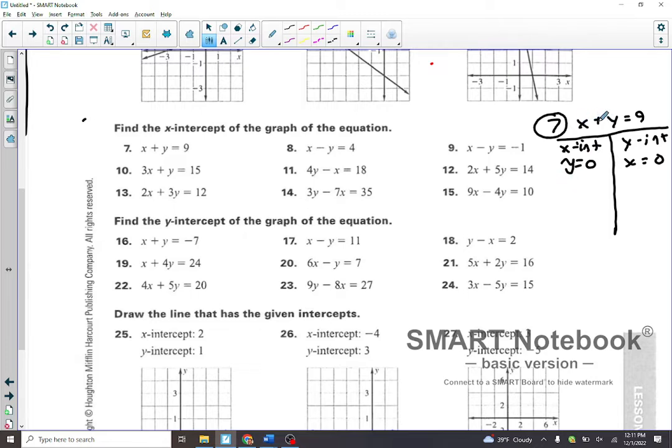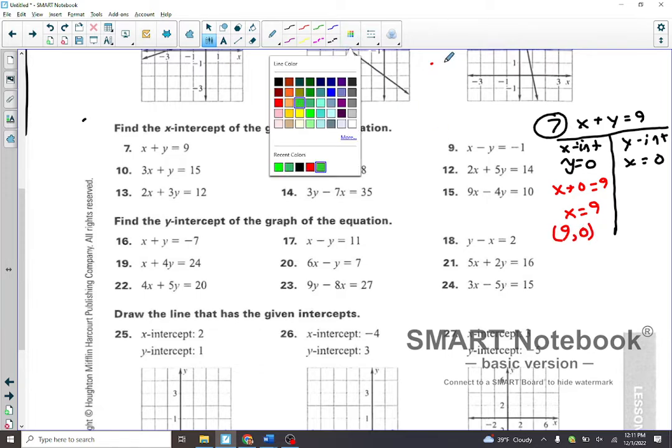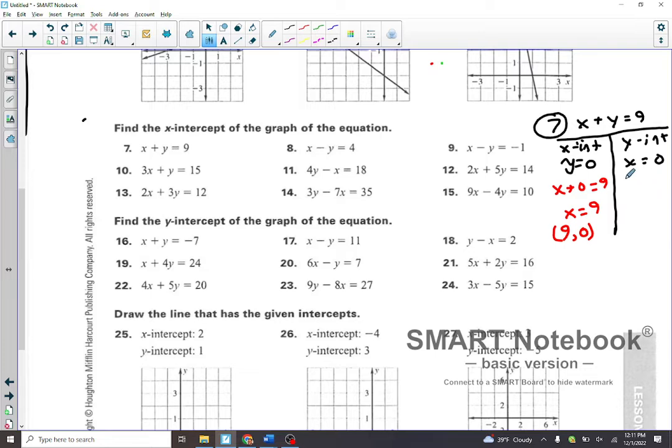So if I turn y into 0, it's going to be x plus 0 equals 9. Well, that's plus 0, so x equals 9. So my x-intercept is 9, 0. While over here, for my y-intercept, I'm making x 0. So 0 plus y equals 9.